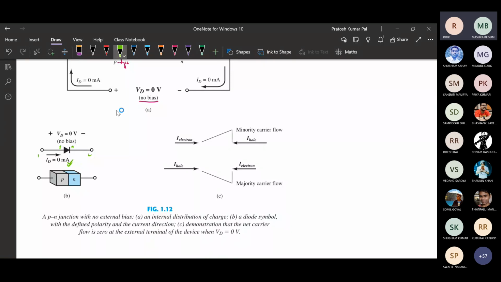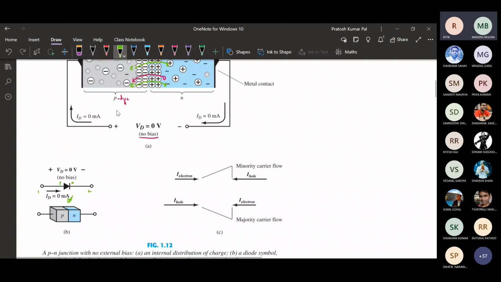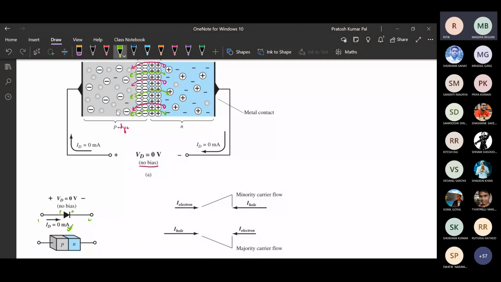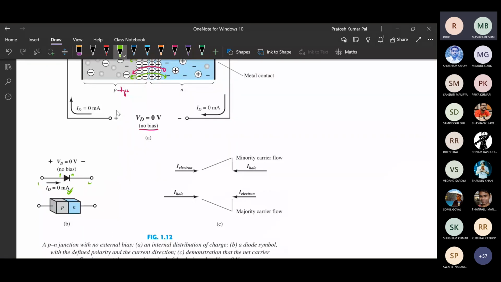The size of the arrow shows the holes are moving in a larger amount from the n side than the other side. We are going to combine all these current components, and overall we get I as 0. That means the net current flowing is 0.